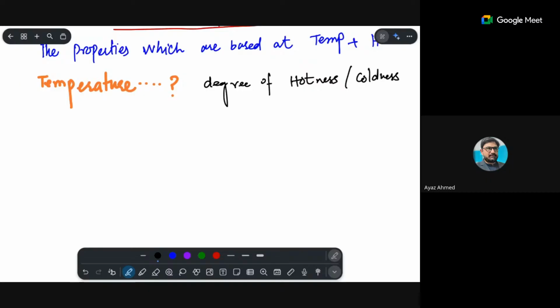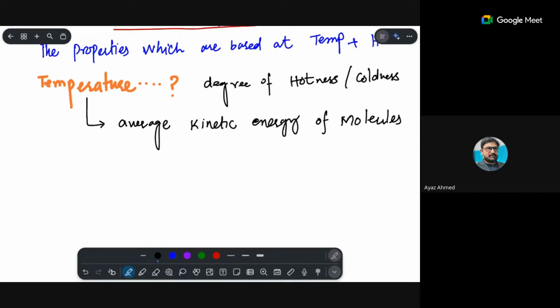Basically here we will consider it a little differently. There was a definition of temperature that it is the average kinetic energy of the molecules of a substance. That was your temperature, and this definition was also available in your O levels.